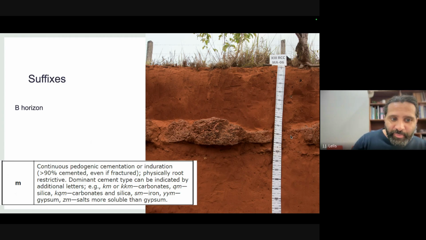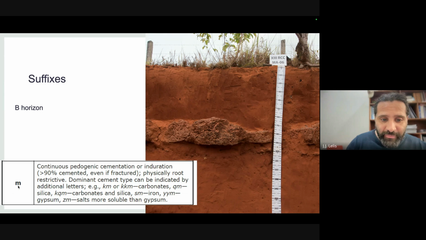So 90% or more of that specific layer or horizon should be cemented, okay? So this creates a huge problem to root penetration, to water penetration, to a lot of things. So in this case, I can see a layer that is almost entirely cemented by iron. In this case, I use the letter M.